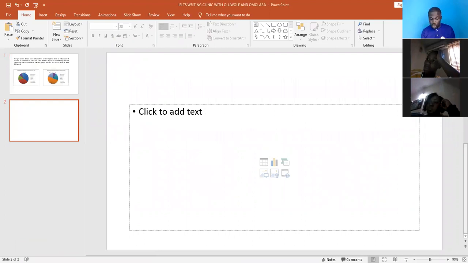And number two thing, highlight the things. And number three thing is discuss trend and comparisons. Yes, those are the things.